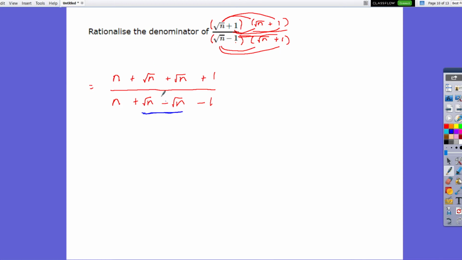That's called rationalizing, so the surds will go away. They cancel each other out. So what I end up with is n plus 2 lots of root n plus 1, all over, now they've cancelled, n minus 1. And we call this rationalizing the denominator because now at the bottom there are no more surds left. This isn't a rational number.